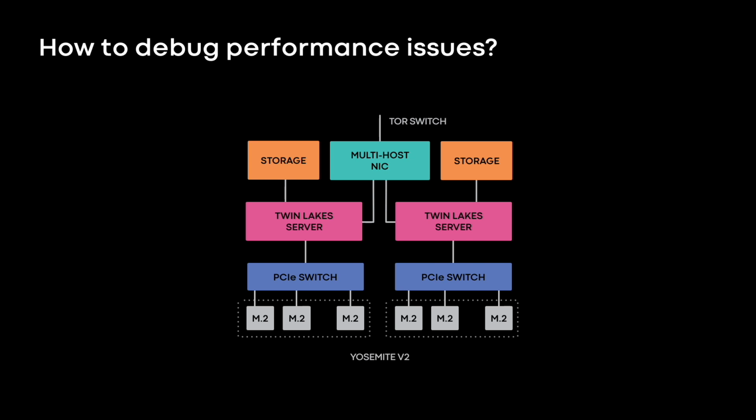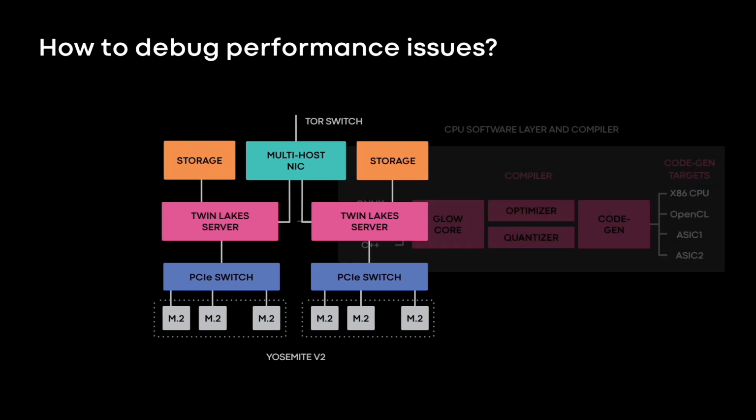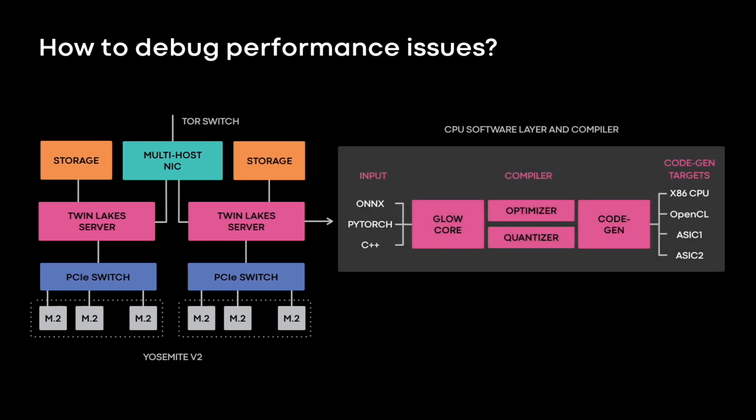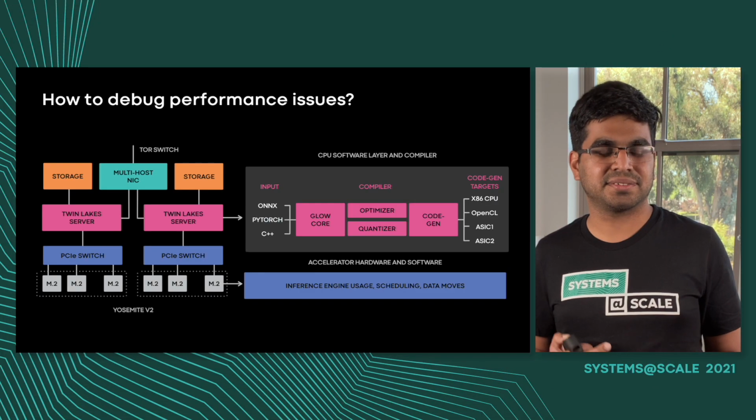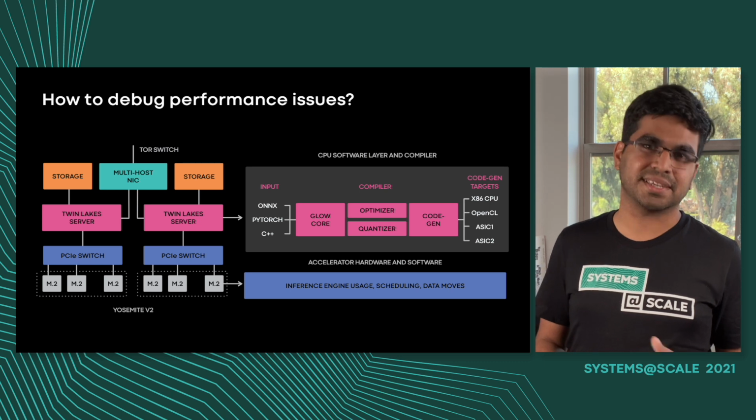If I go back to that system diagram, it has a CPU, a PCIe switch, and an accelerator. The CPU has this whole software framework, which consists of a compiler, Glow, which is a graph lowering compiler that transforms the graph to run on the accelerator. And even the accelerator itself has software running, with scheduling and data moving to and fro. It's not very easy to understand what's happening in the system.